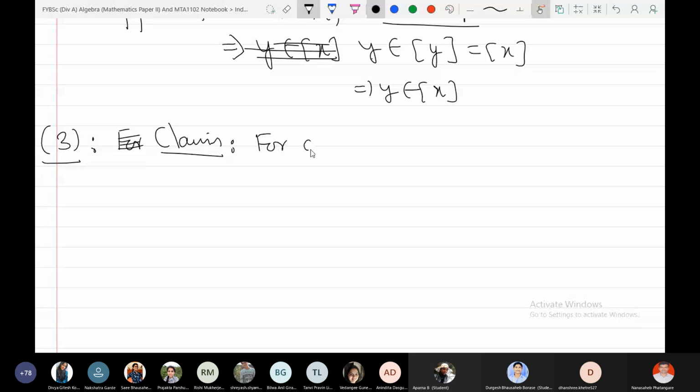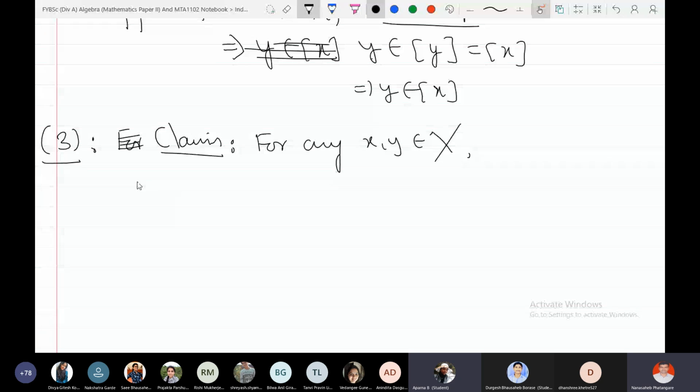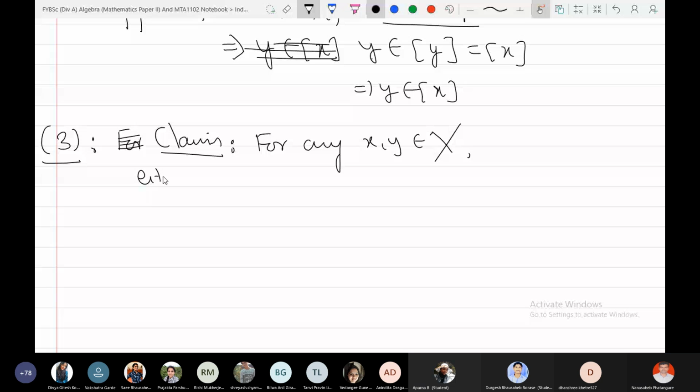For any two elements in set X, either their classes are equal or their classes are completely disjoint, but not both.